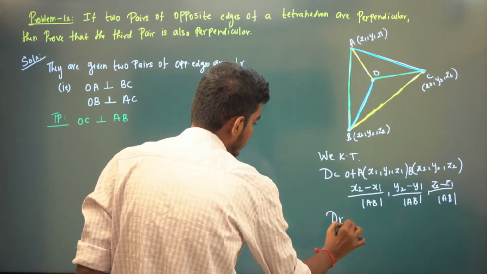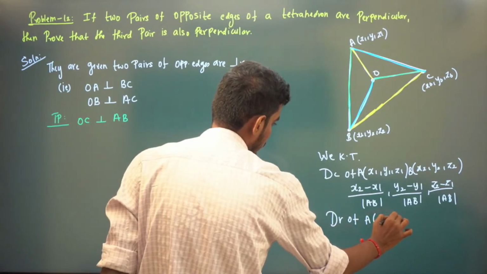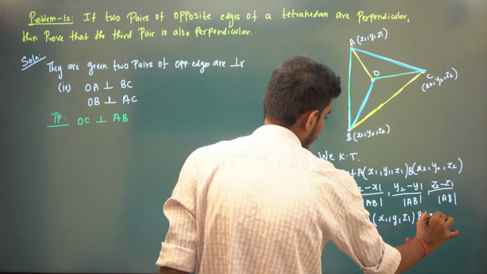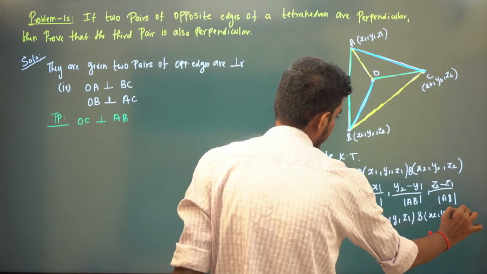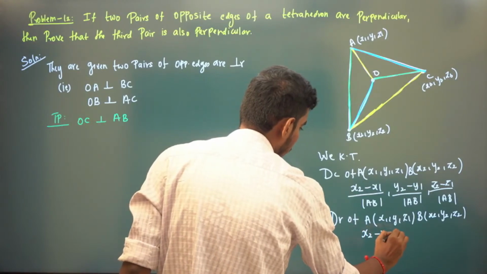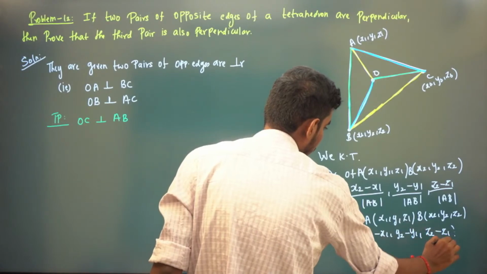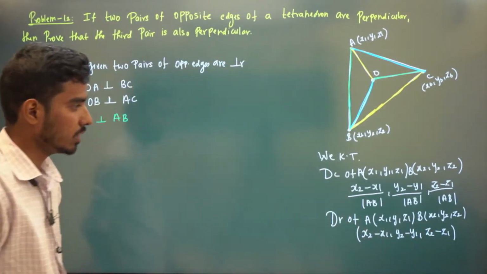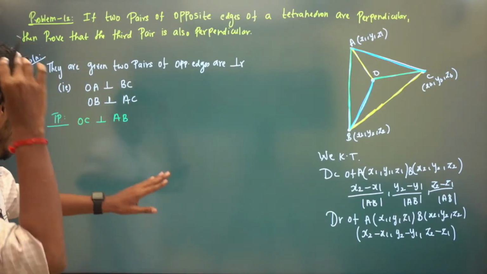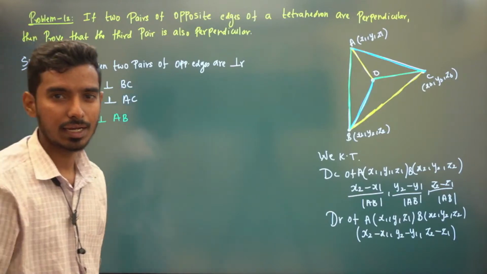Now what is the direction ratio of the line joining two points? You don't need to normalize. So we will have x2 minus x1, y2 minus y1, z2 minus z1. You don't need to normalize. That's it, right? So we know these two ideas. Now I'm going to find everything in terms of direction ratio, because we need to prove only perpendicularity.